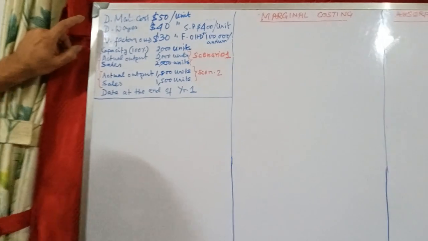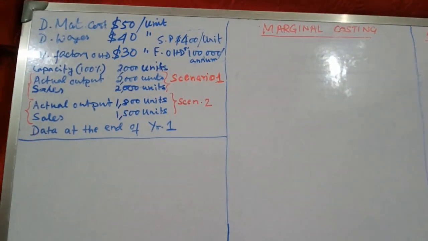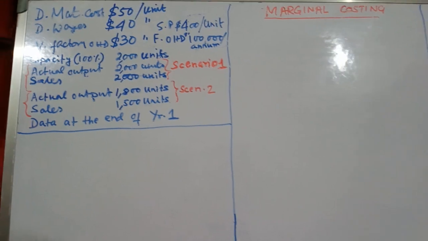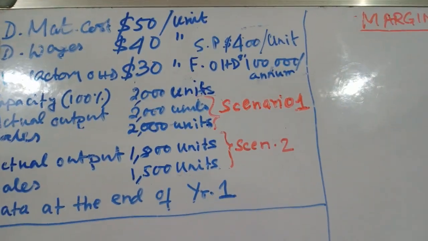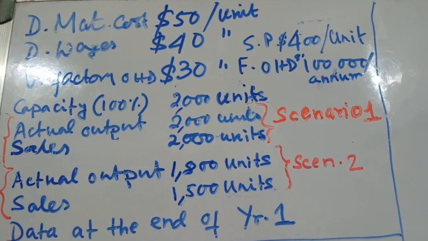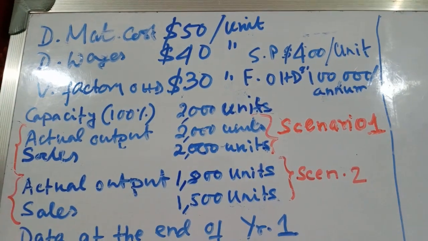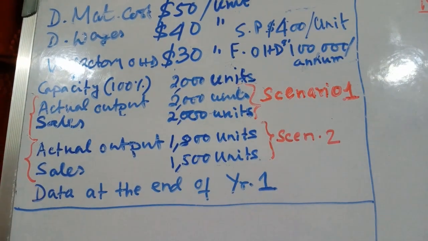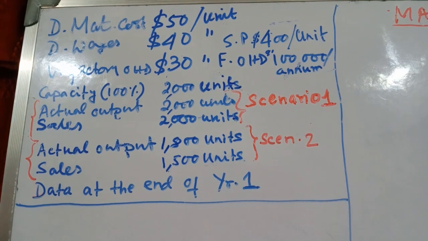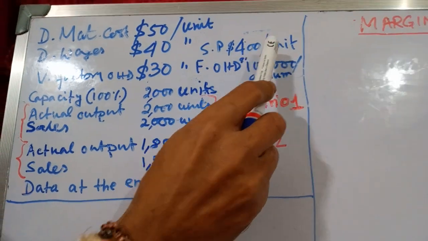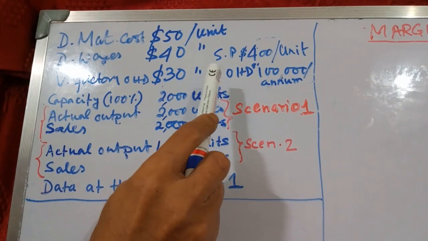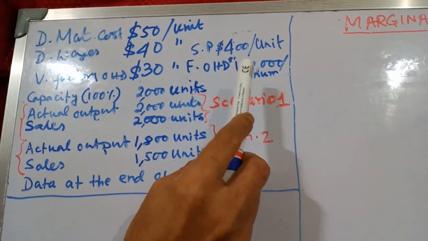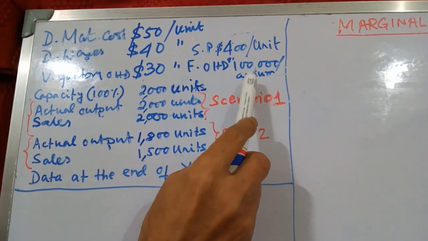A firm is producing a product, and the cost structure is: direct material cost per unit is $50, direct wages per unit is $40, the variable factory overhead is $30 per unit, selling price $400 per unit, and fixed overhead is $100,000 per annum.